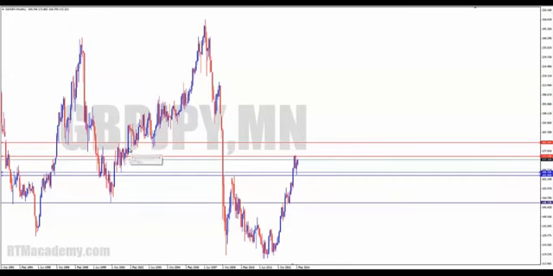So the break of this one was important there, and then the break back in was important over here. Now, this one here is the break of this flag. It didn't break the last one over here. It looks like it just went to the MPL of this here and then retraced.